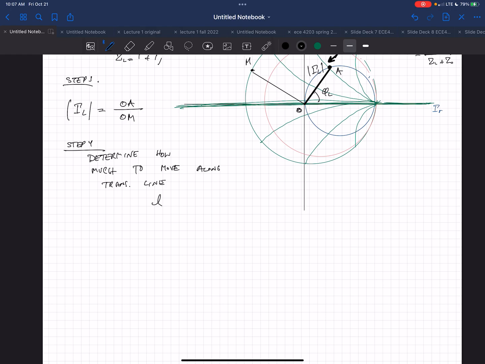So beta is a given. What I want to do is calculate 2 beta L. So that's going to be 2 times 2 pi over lambda times L. This is all in radians.